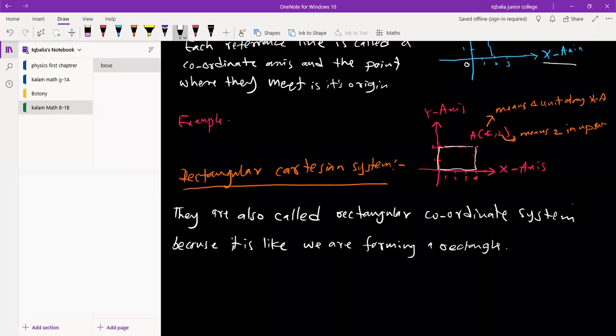Understood, boys? Why are we calling it the rectangular coordinate system or rectangular Cartesian system? Give me a reply fast. If you are not getting it, then you can tell me, sir, I didn't get it. Teach me once again.